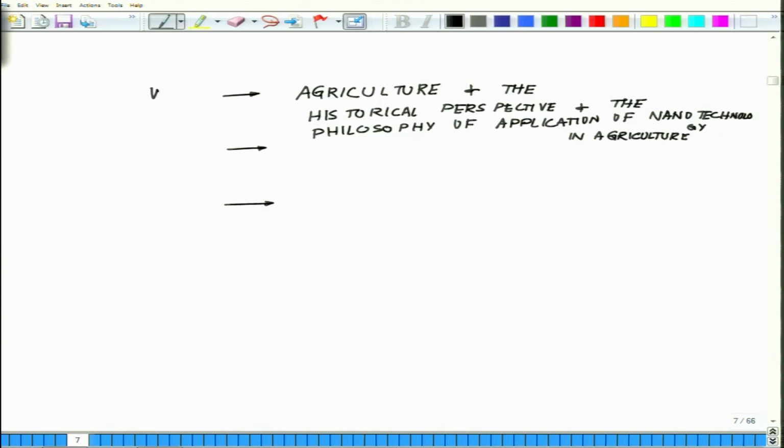This is our week 1, what we are currently doing. This is the part that we have been discussing.